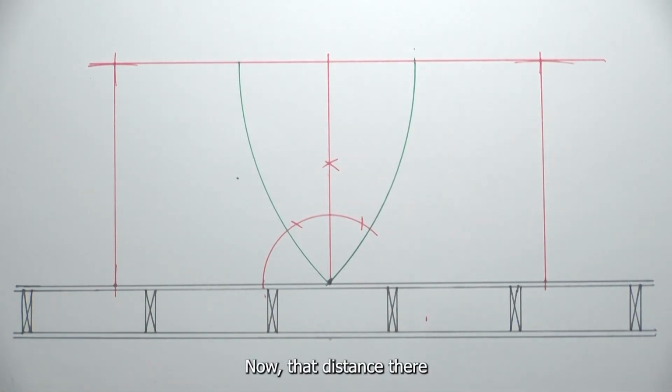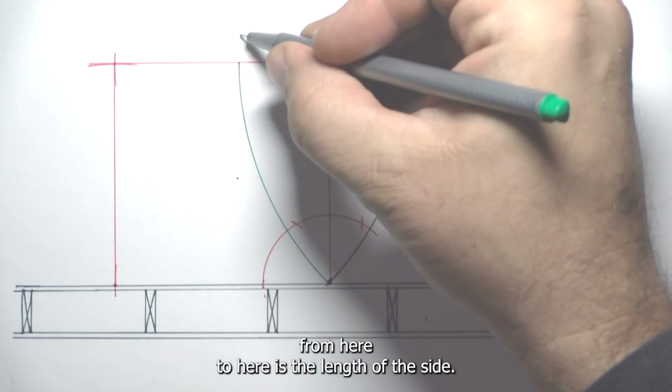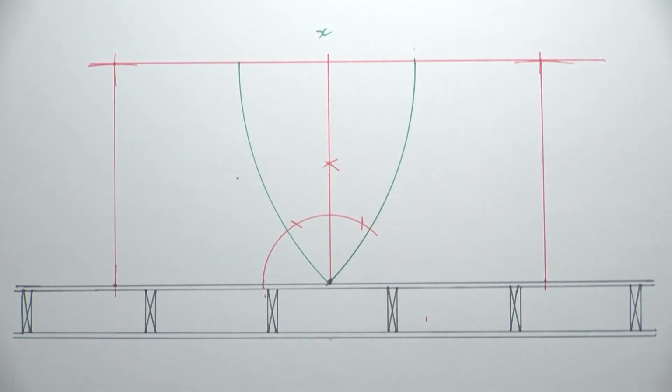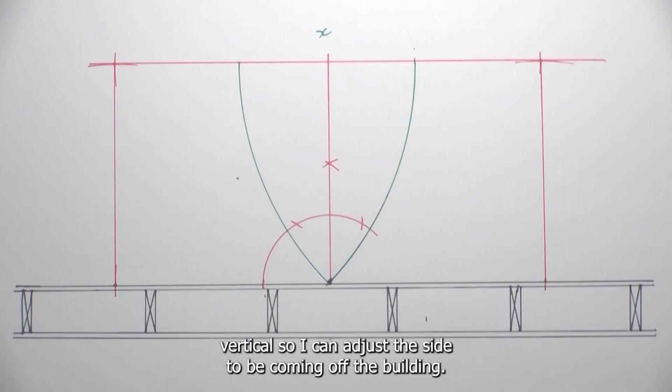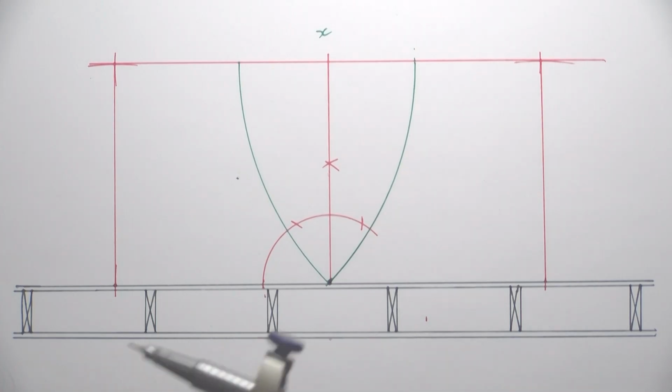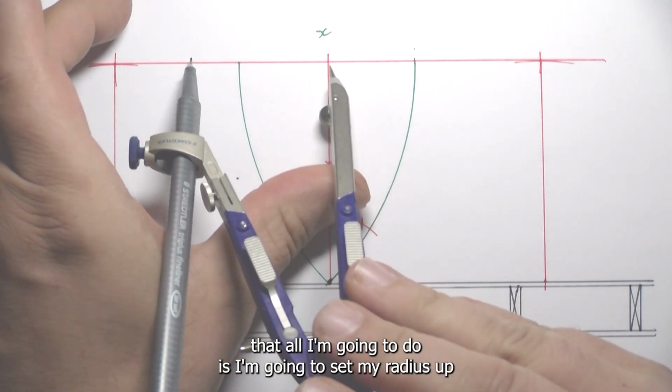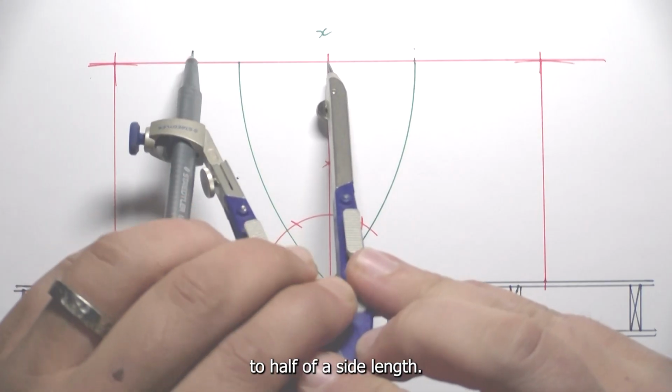Now that distance from here to here is the length of the side, right? So now I just need to do the verticals so I can adjust the side to be coming off the building. To do that, I'm going to set my radius up to half of a side length.